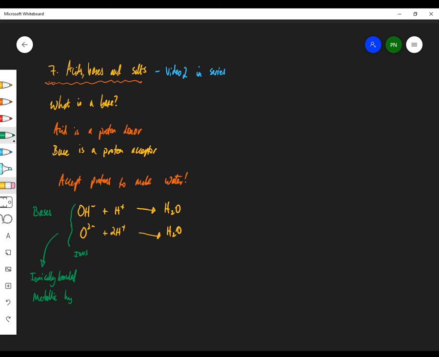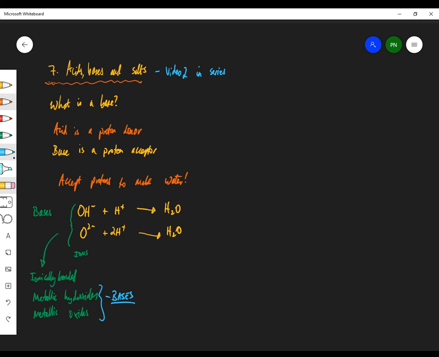Metallic hydroxides and metallic oxides are known as bases. Now we can't get non-metallic hydroxides or non-metallic oxides as bases because they wouldn't be ionically bonded, they'd be covalently bonded, and in fact they're acidic. So bases are metallic oxides or metallic hydroxides.